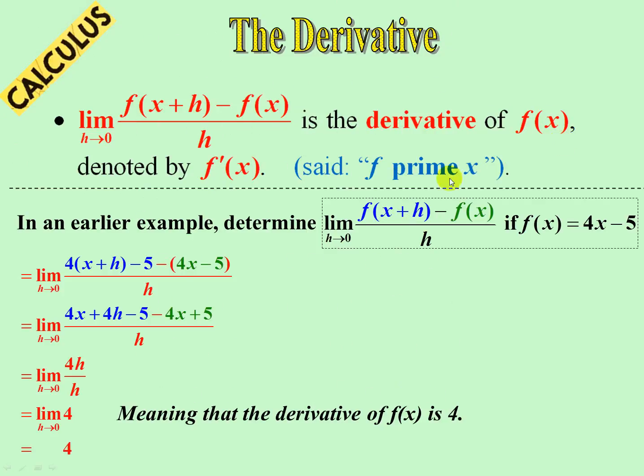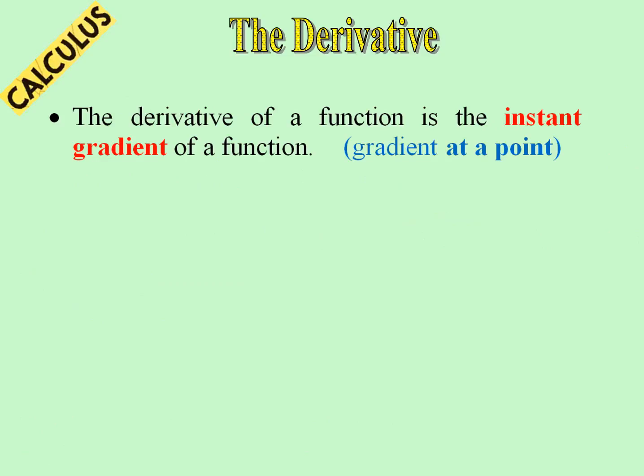That means the derivative of f of x is 4. F prime of x equals 4. It's the instant gradient of a function. Remember, f of x plus h minus f of x all over h came from the average gradient. And then we made h go to 0, so that A and B became the same point, the gradient at that point, A.